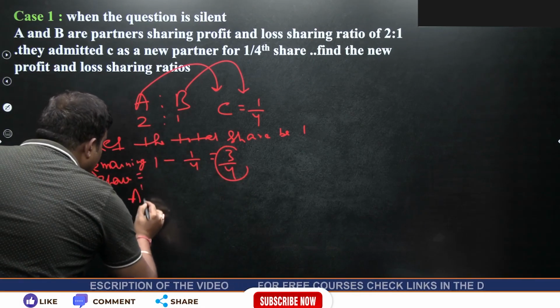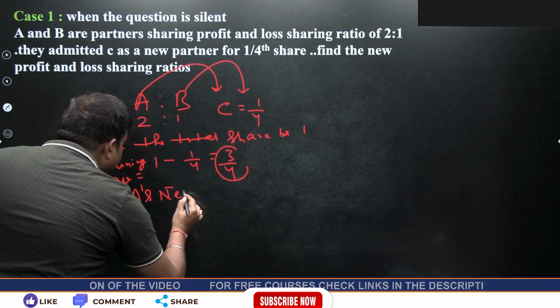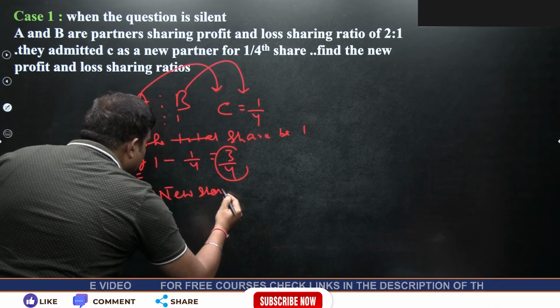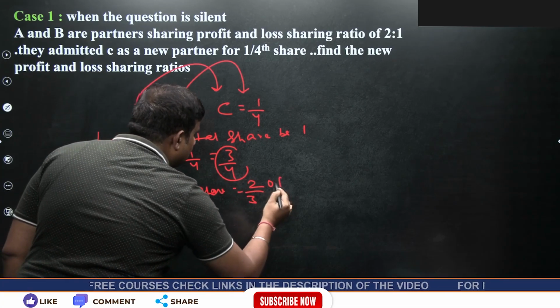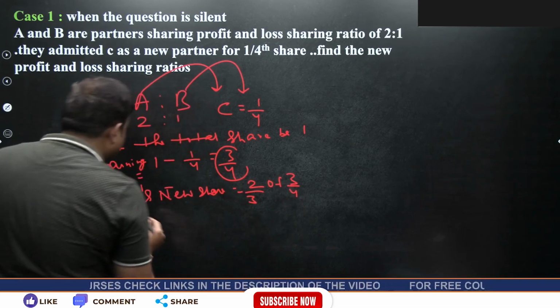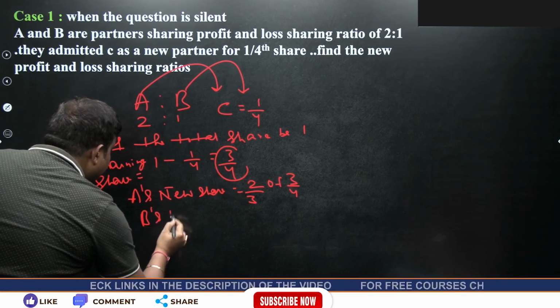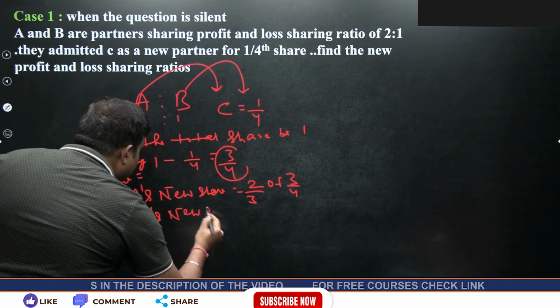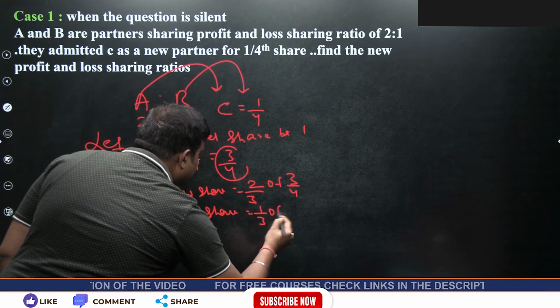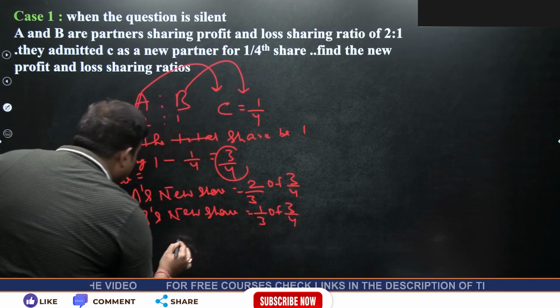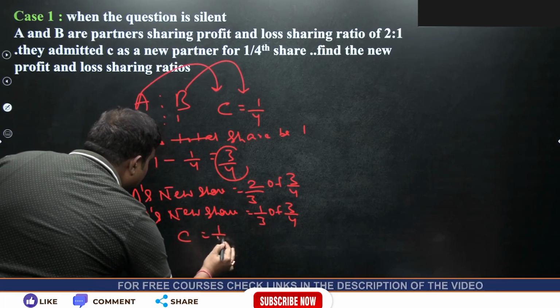So A's new share equals 2/3 of the remaining share, that is 3 by 4. B is going to have 1/3 of 3 by 4, and C's share, as you know, is 1 by 4.